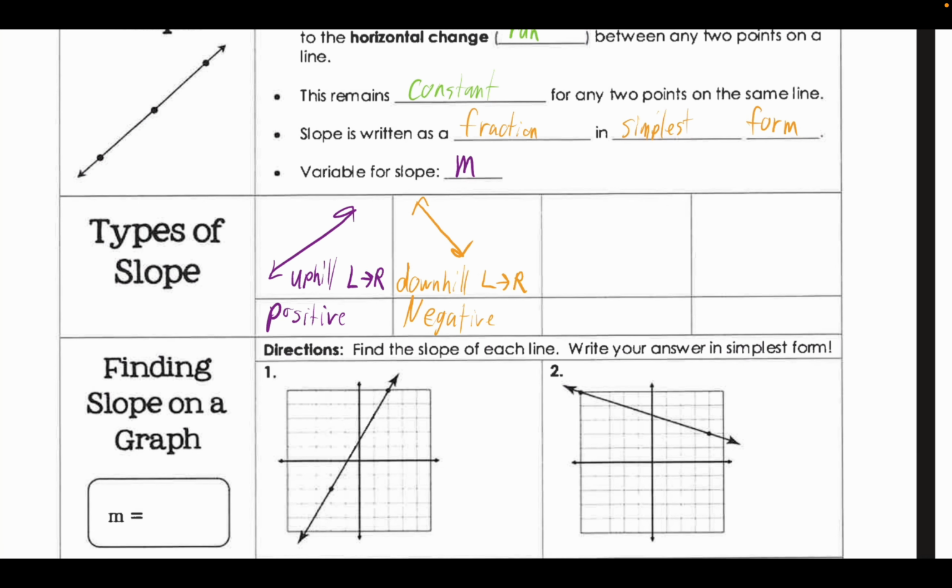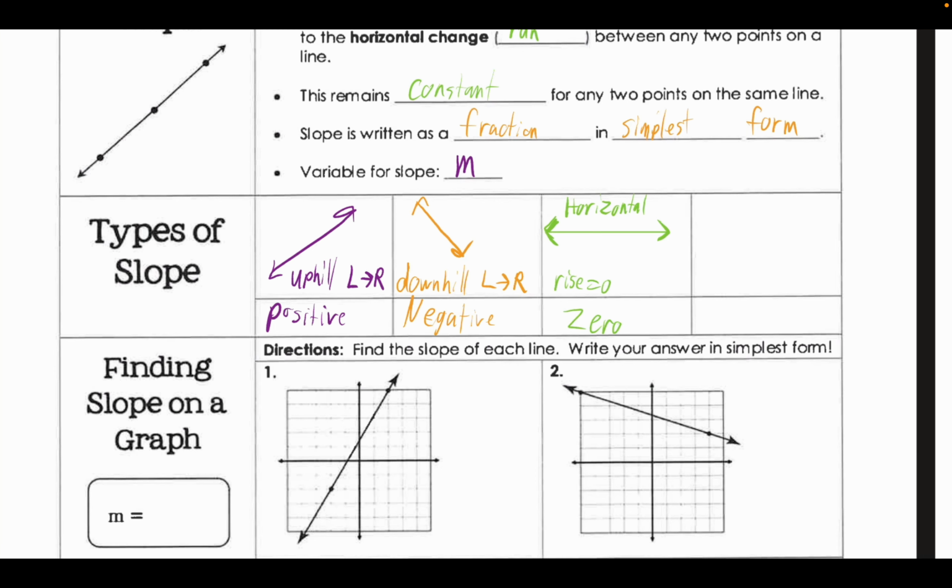The third thing that slope could be is 0, because a fraction could be 0. And this would look like a perfectly horizontal line. So this line is horizontal. And you could think of it as the rise equals 0.